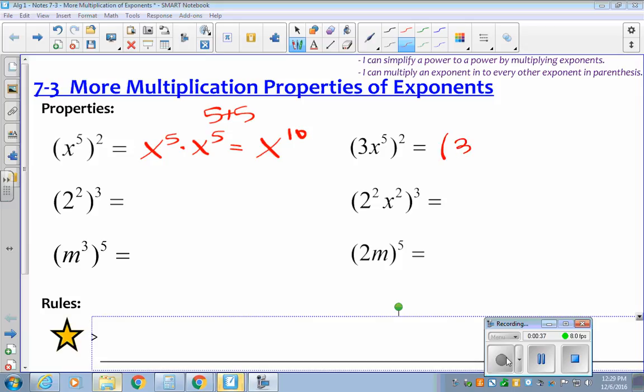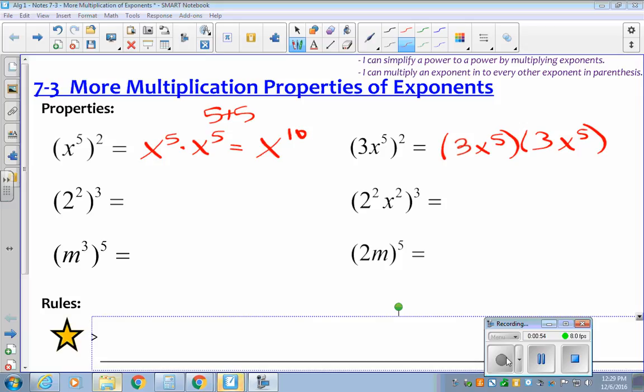So let's see that again with this scenario. 3 times x to the 5th squared is 3x to the 5th times 3x to the 5th. It's two of the same things multiplied together.